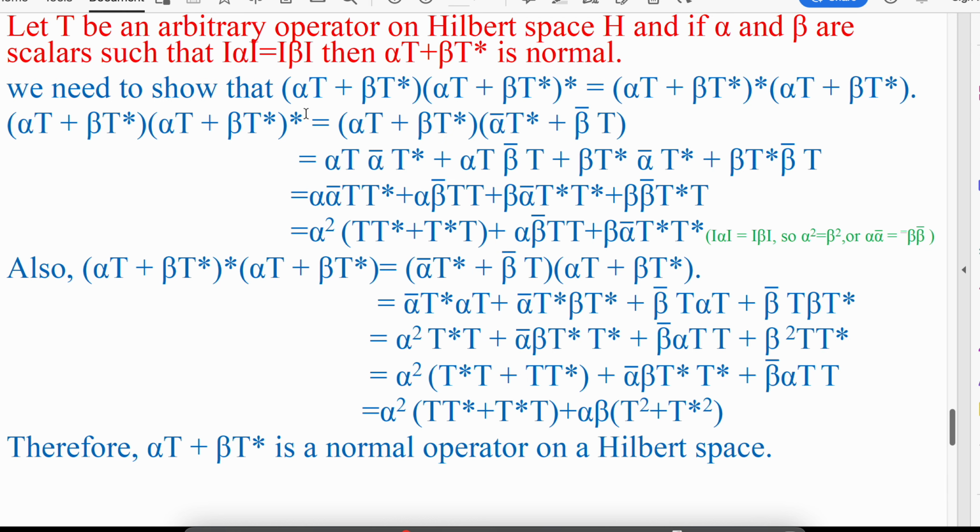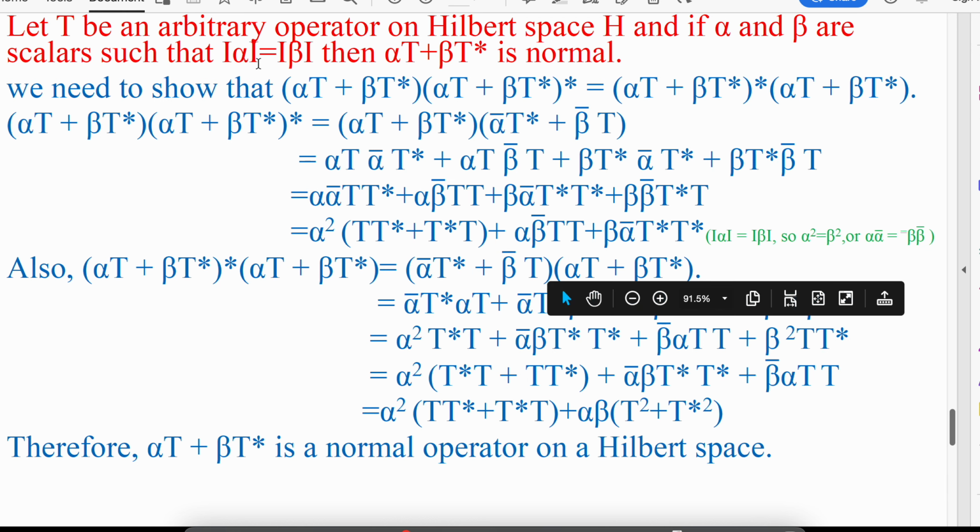Because we have star here, if you open this, it will be alpha bar T star plus beta bar T. If we multiply these two, we will get alpha bar alpha T star T, alpha bar beta T star T star, beta bar alpha T T, and beta bar beta T T star.